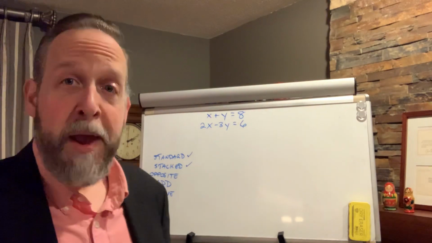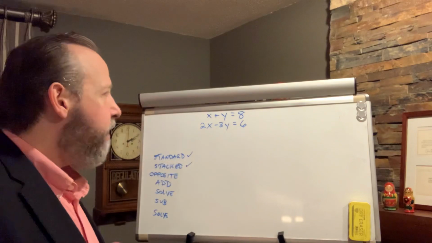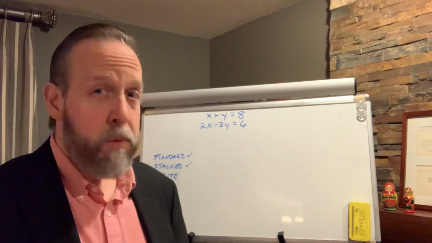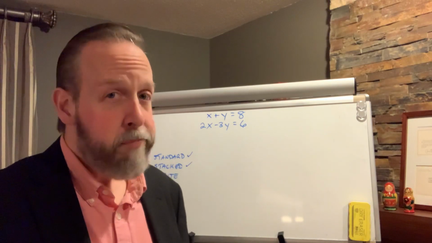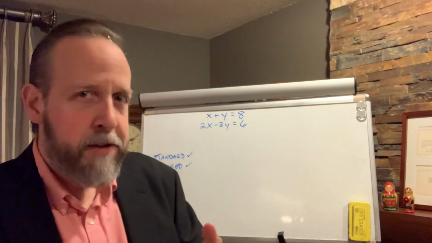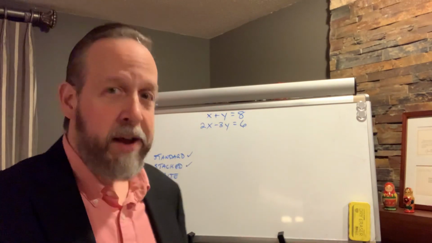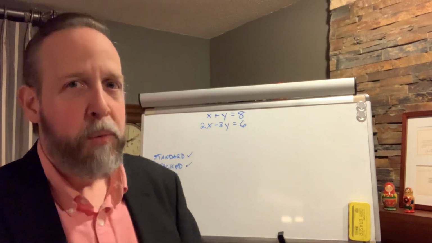Do we have an opposite pair? We have an x and a 2x. We have a y and a negative 3y. No, we don't have an opposite variable pair. The opposite of x would be negative x, or negative 1x. The opposite of y, similarly, would be negative y, or negative 1y.